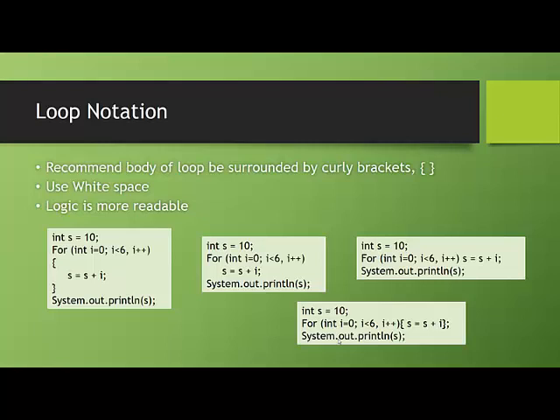So let's take a look at all of these different ways to write the same code, and you decide for yourself which one is actually easier to read. This one here on the far left with the brackets and the white space and the indentation used. This one here where the brackets are removed.